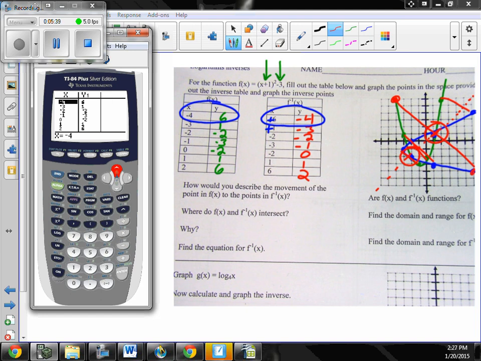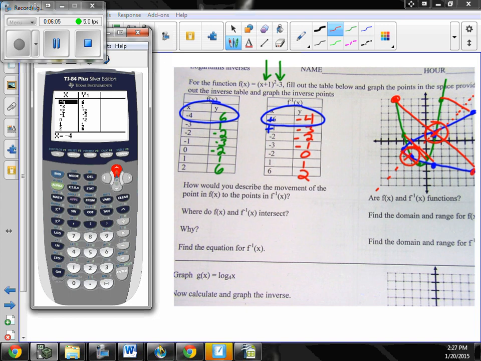If you take the point -2, -2, and flip it around, you still have -2, -2. The other way to look at it graphically is the only points that didn't move are the ones that are on this 45-degree line. So they intersect on that 45-degree line. That's the only time those two graphs are going to intersect.